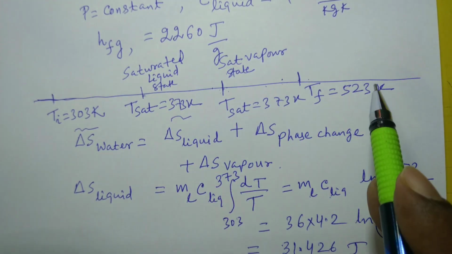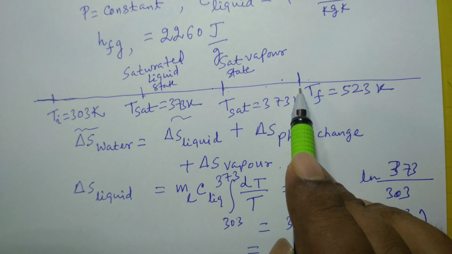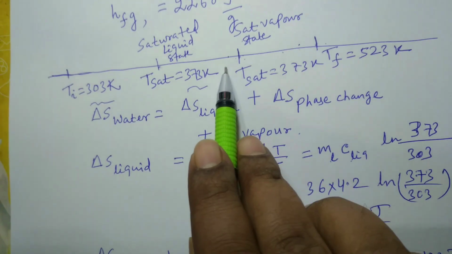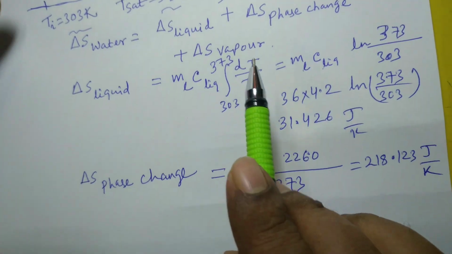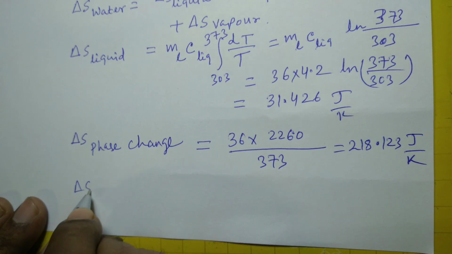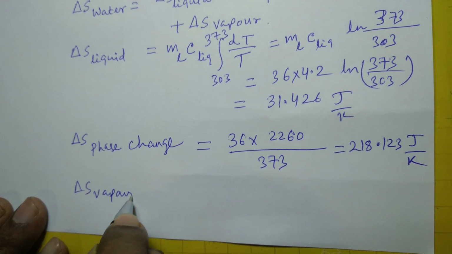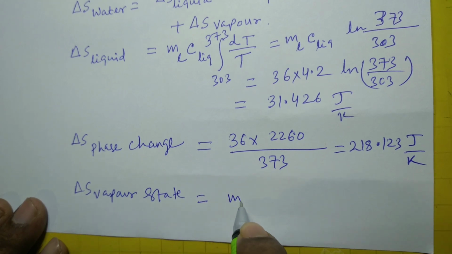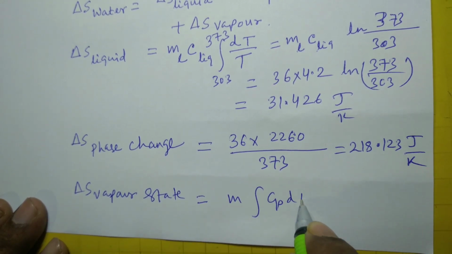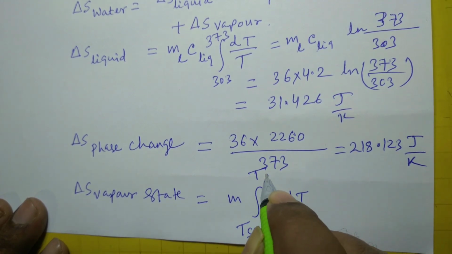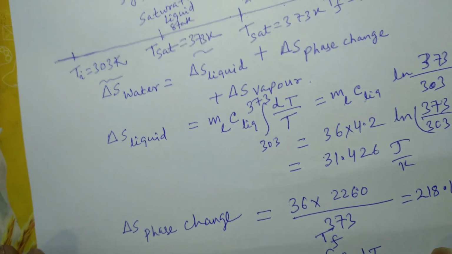Now in the vapor state, when it is heated from the saturation temperature of 100 degrees Celsius to 250 degrees Celsius and attains a superheated state, during this zone it is in the gaseous state, so obviously it will follow the ideal gas equation. So delta S of vapor state will be the integral of m Cp dT upon T, from T saturation to final temperature Tf.